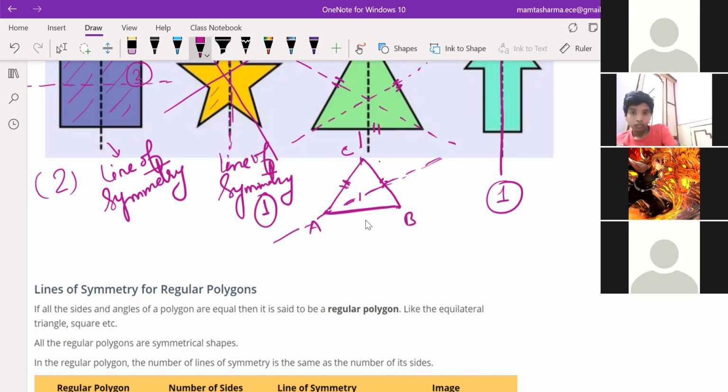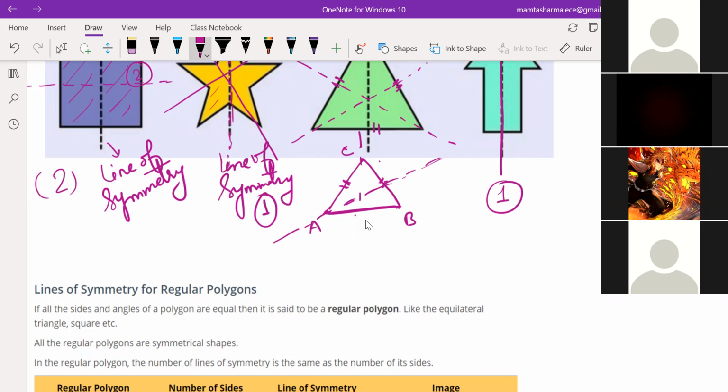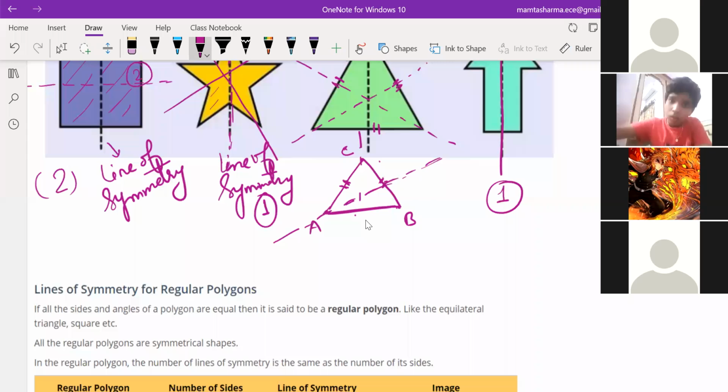AB is not the same as AC. In an equilateral triangle we can draw it, but in an isosceles triangle we cannot draw this line, since the sides do not have equal length. So in an isosceles triangle only one line of symmetry is possible.